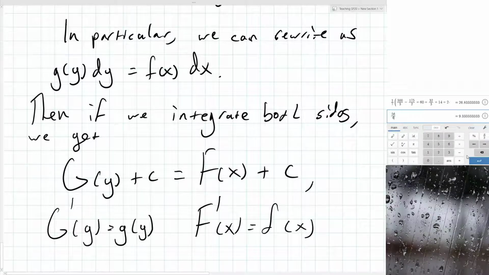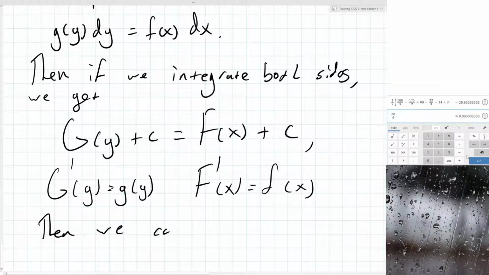Basically, these are antiderivatives, right? Then we can group our constants and solve for y.